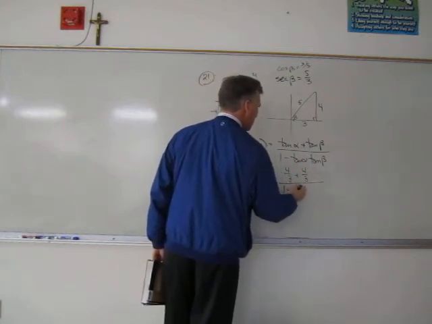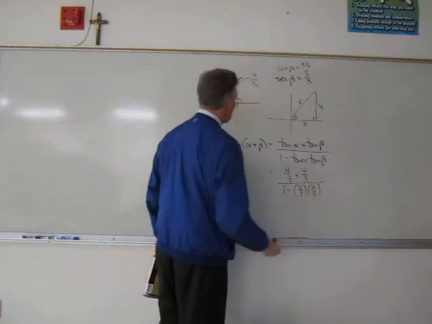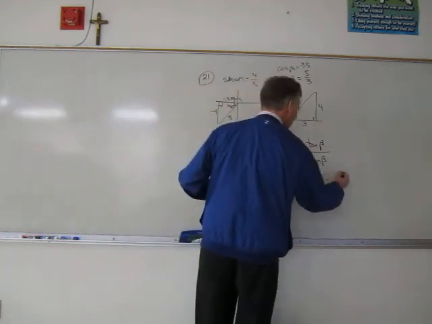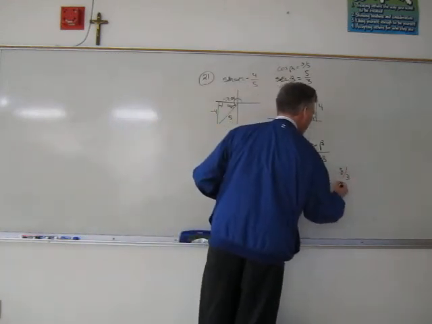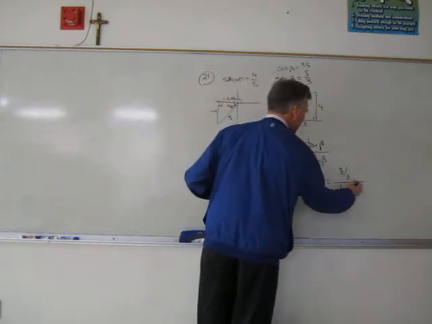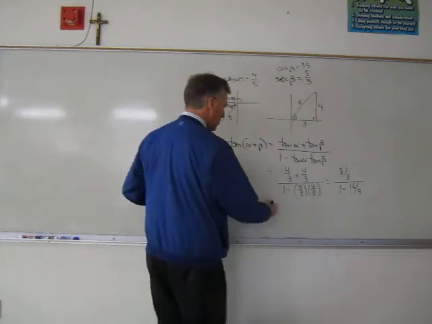1 minus 4/3 times 4/3. Beautiful stuff. 4/3 plus 4/3, 8/3. 1 minus 4/3 squared is 16/9. So what do we get?